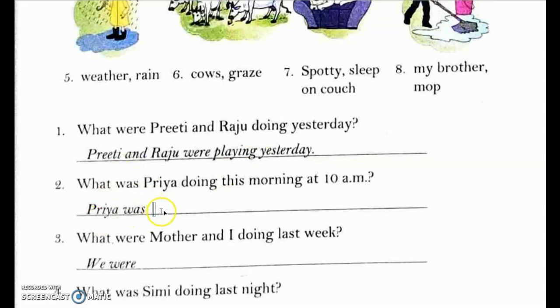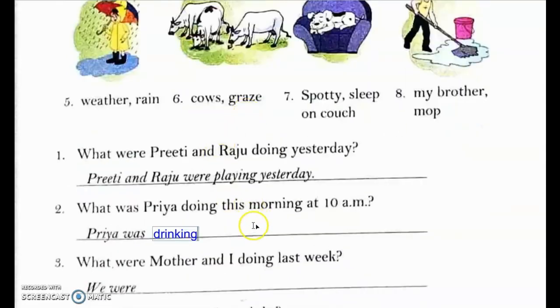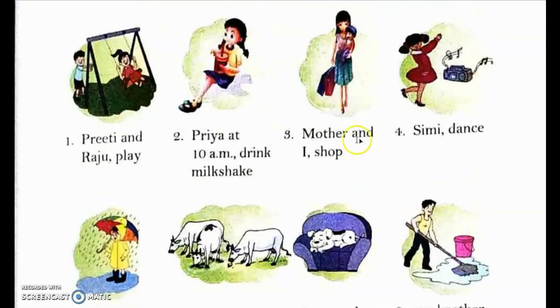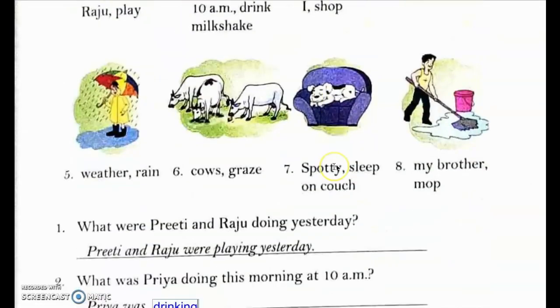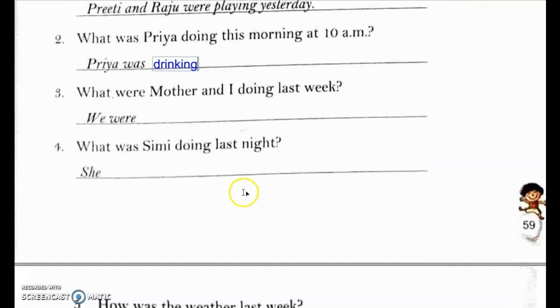Priya was, drink will become, very good. Drink will become drinking. Priya was drinking milkshake this morning at 10 a.m. Understood? So this way you will complete exercise B. First you will look at the picture and the word clue. Then you will write the answers of all these questions.